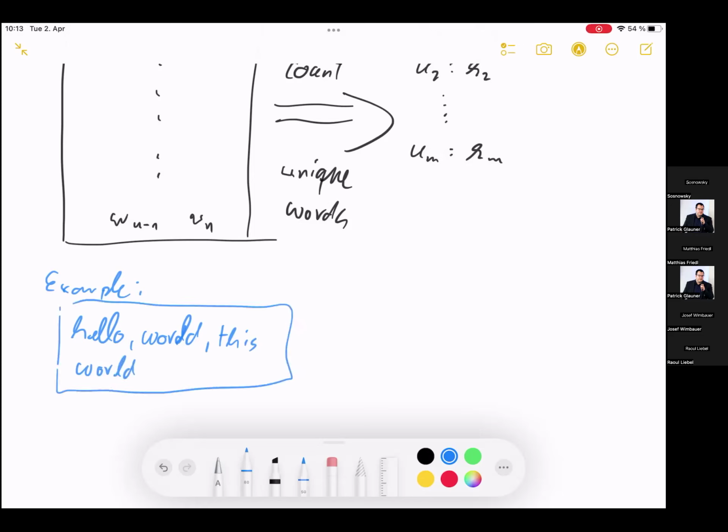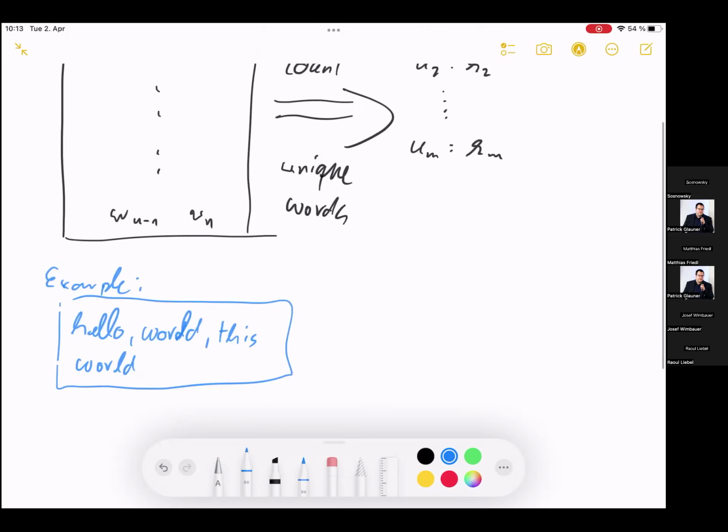The input would be some string which has 4 words: hello world, this world, for example, and the result would be: hello appears once, world appears twice, and this appears once.